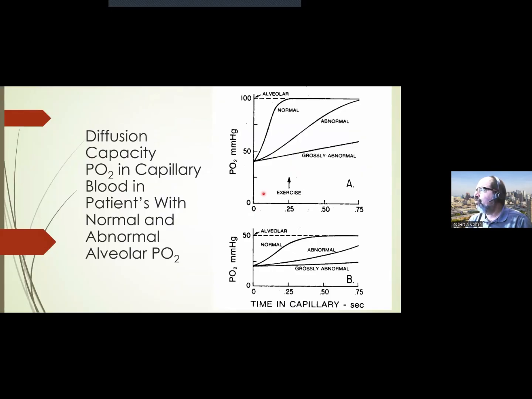And this is the same graph for PO2. So you can see if you are normal, it really takes very heavy exercise before your PO2 will drop. Extremely elite athletes might have a decline in their PO2 because they can get that RBC transit time down to a very low level.